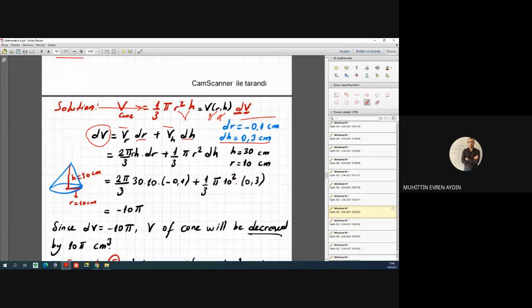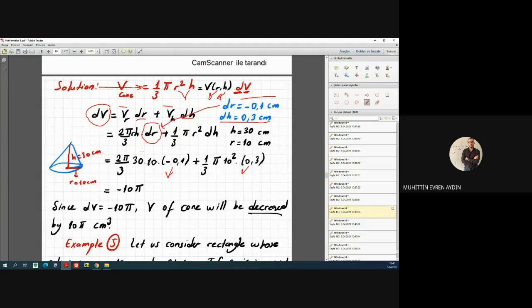And dr represents the change in the variable r, which means that we replace dr with minus 0.1, and similarly we replace dh with 0.3.